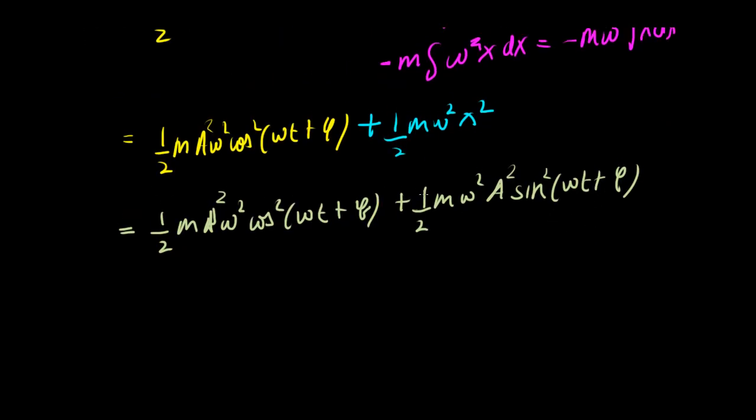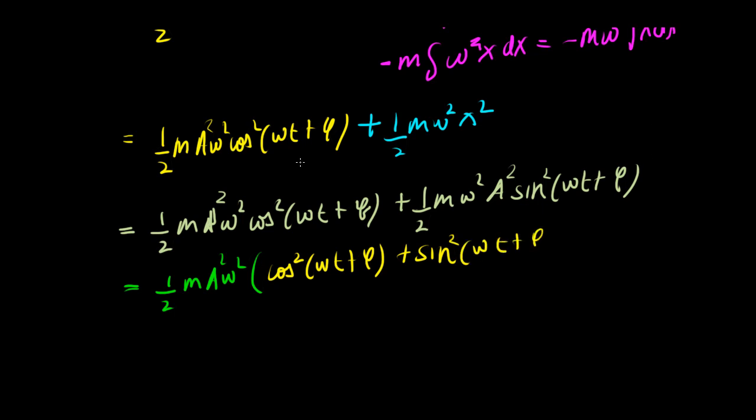Okay, so we can take something in common here. So this is half m a squared omega squared can be taken in common. So inside we get cosine squared of omega t plus phi plus sine squared of omega t plus phi. See something? Yes, this whole term is 1. Sine squared plus cosine squared is 1.